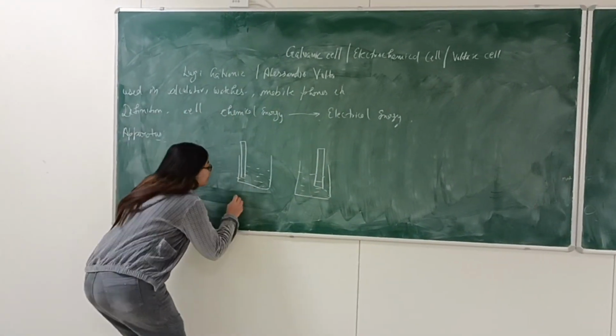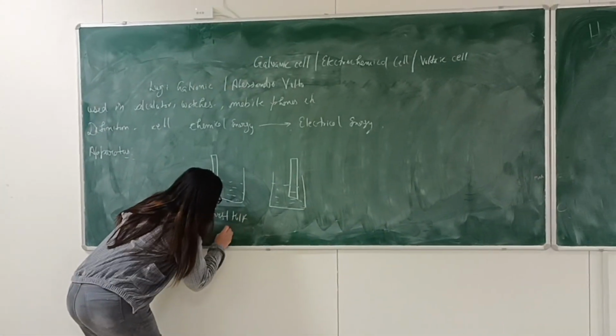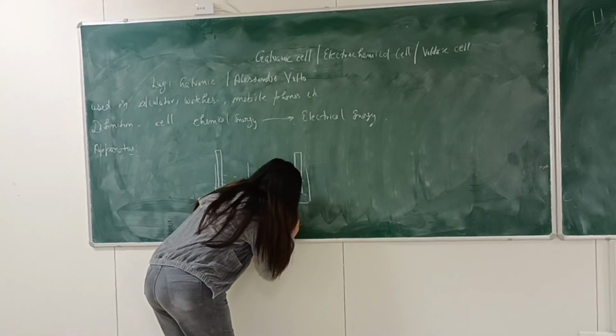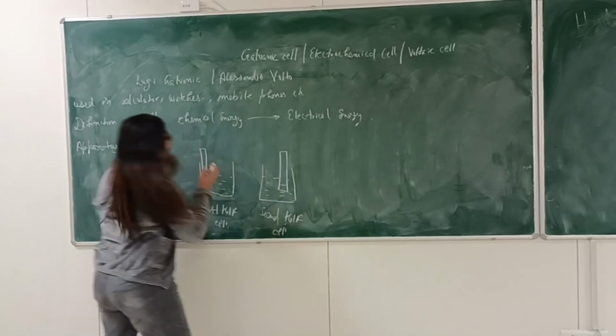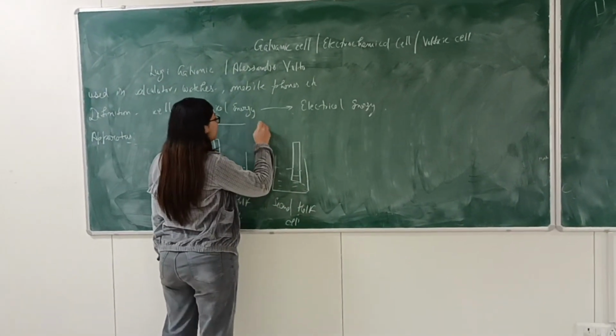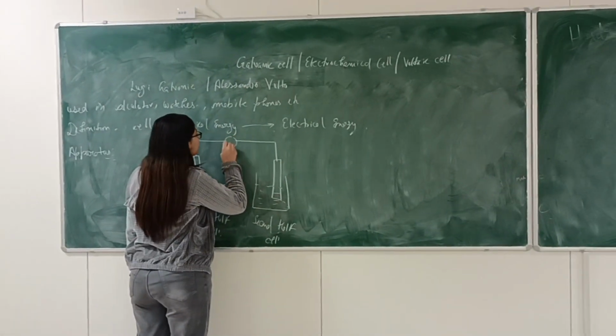This is the first half cell, and this one is the second half cell. These cells are connected by a wire in which there is a bulb placed here.